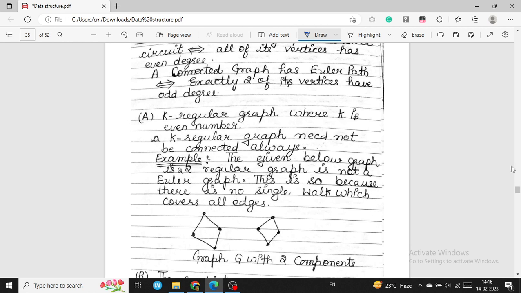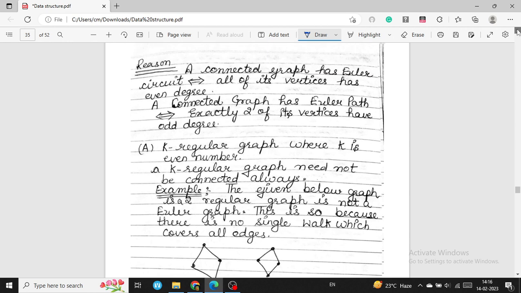The reason is that a connected graph which has an Euler circuit has all of its vertices with even degree, and a connected graph has an Euler path if exactly two of its vertices have odd degree. For the circuit, all vertices have even degree, but in an Euler path exactly two vertices have odd degree.